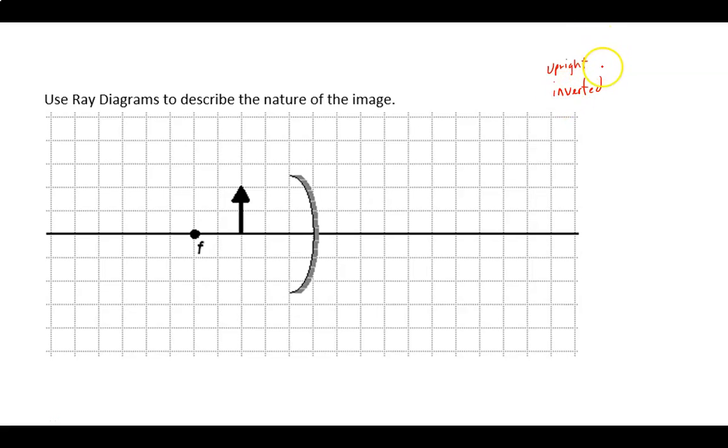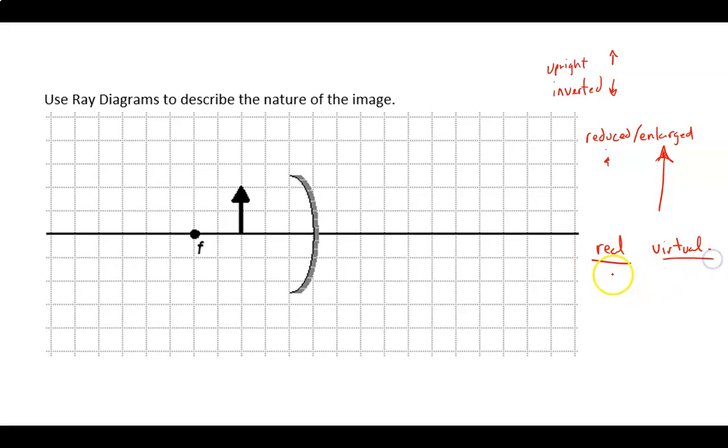Upright meaning same direction, inverted meaning the opposite direction. We can have reduced or enlarged. This means smaller than the original, and this would mean larger than the original. And the last one is real or virtual.